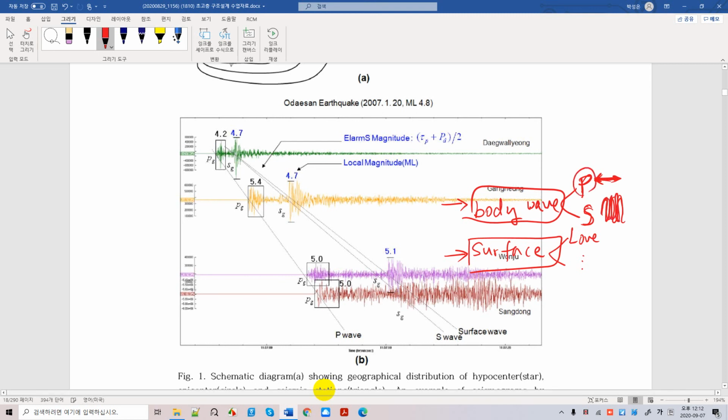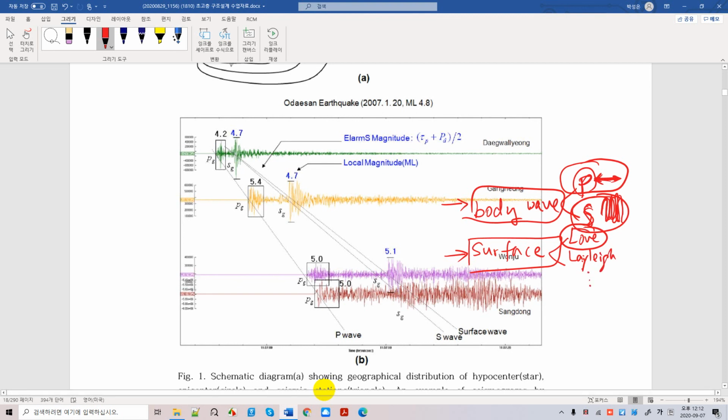We call this the P wave, the primary wave, and the S wave is called a shear wave. The P wave is faster than the S wave, and the S wave is faster than the Love wave and the Rayleigh wave. These are the surface waves.